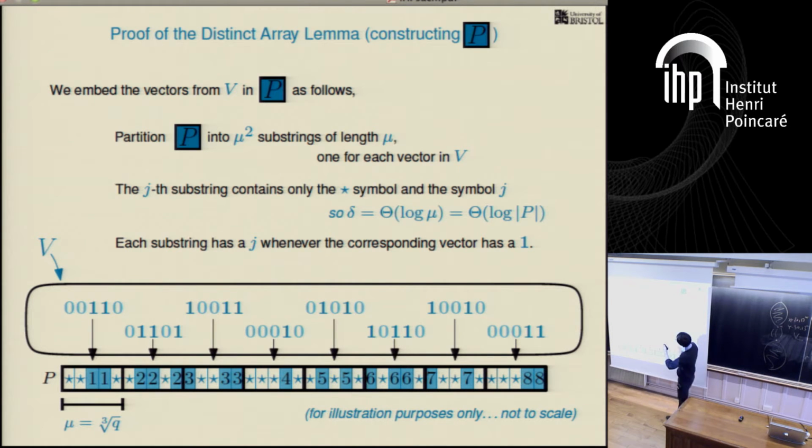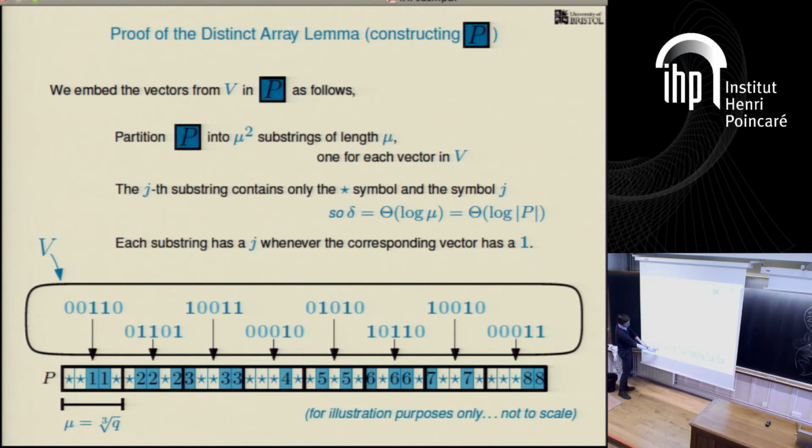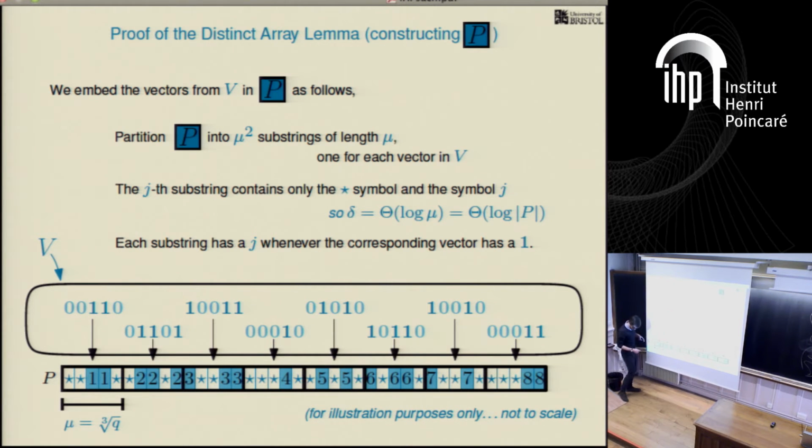So we're going to take the vectors from V. Essentially just look at the picture. We're going to take the vectors from V and put them in P as follows. I'm going to take each vector, and this is length mu. This is a mu length substring of the pattern. There's one for each vector. And what I do is I just put it in literally, except that I replace all of the zeros with stars, which won't occur in the stream. They are going to mismatch.